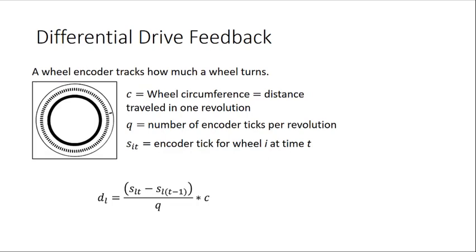And so when you multiply by C, you get the actual distance in meters or whatever length unit you want to use. dr is basically the same equation, except instead of S_l we have S_r, but we take the latest encoder tick, subtract it from the previous encoder tick, divide by Q, and multiply by C. And that gives us the distance that the left wheel has traveled and the distance the right wheel has traveled, and then we can start thinking about, okay, how do we actually use this information to give us the change in geometry information, which is position and orientation.